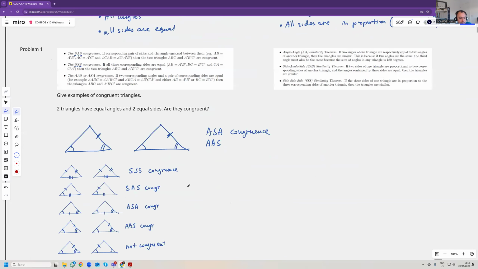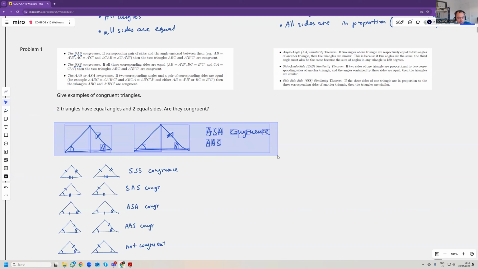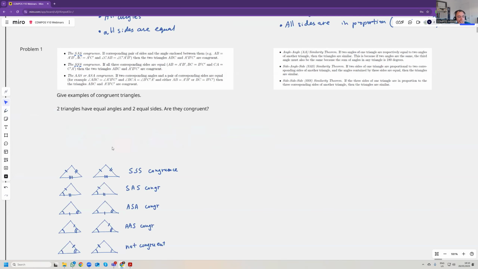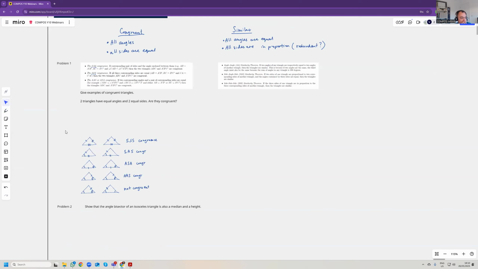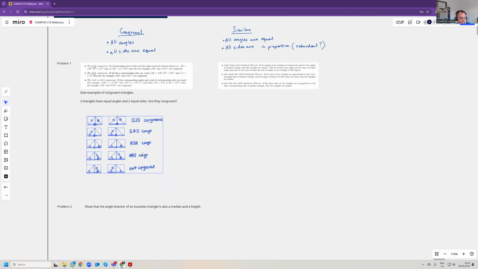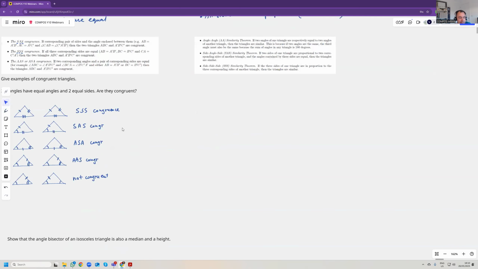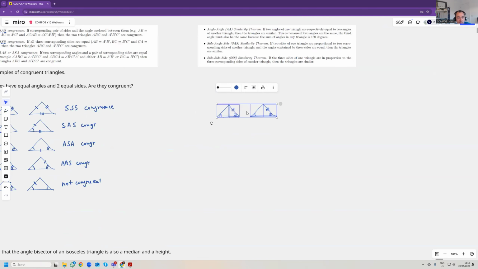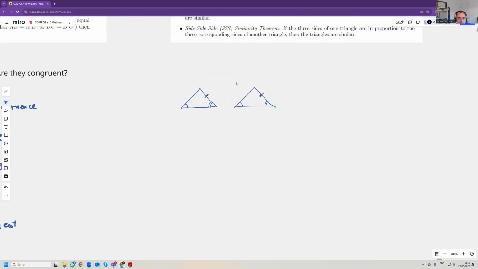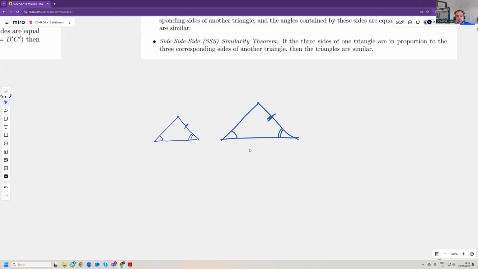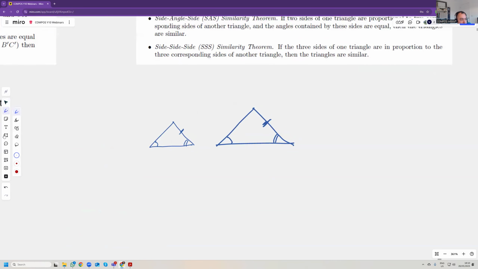Okay, and we can delete that. So that's congruence. And then let's do similarity. With similarity, typically you have one triangle that is bigger than the other.